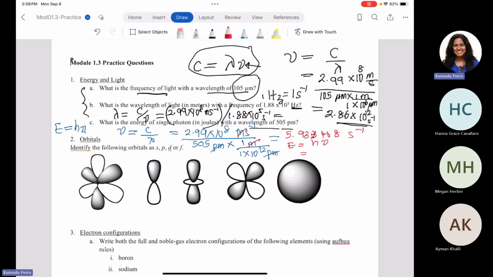You will use the Planck's constant, which is 6.626 times 10 to the negative 34 joules per second, multiplied by the frequency we have obtained from the equation above, and you can solve for the energy.